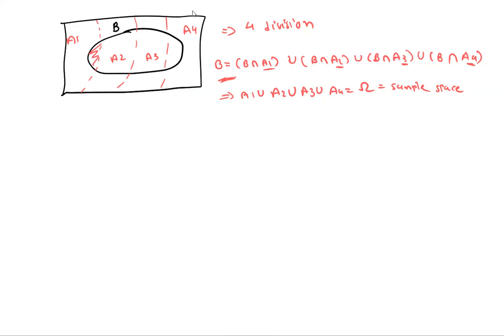Okay, so the important thing is, let's say we have a three-part division. If A1, A2, A3 are making a partition, then what can we say? What are the conditions for writing this?